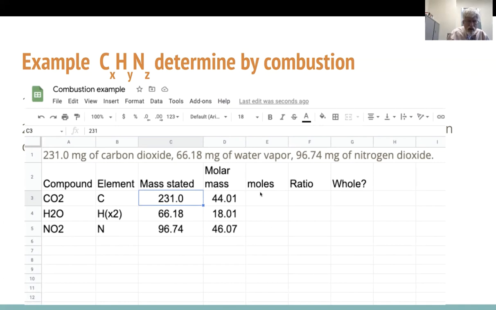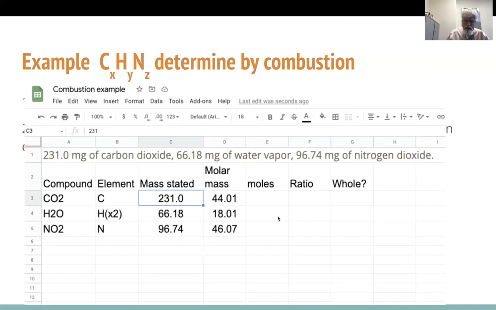But I want moles of atoms. So the result here is going to be the same because carbon appears just once in carbon dioxide. Here the same because nitrogen appears just once. But when I go to do this, I have half the number of hydrogen atoms, moles at a time, that were present in my 100 milligram sample. So I have to multiply by 2.